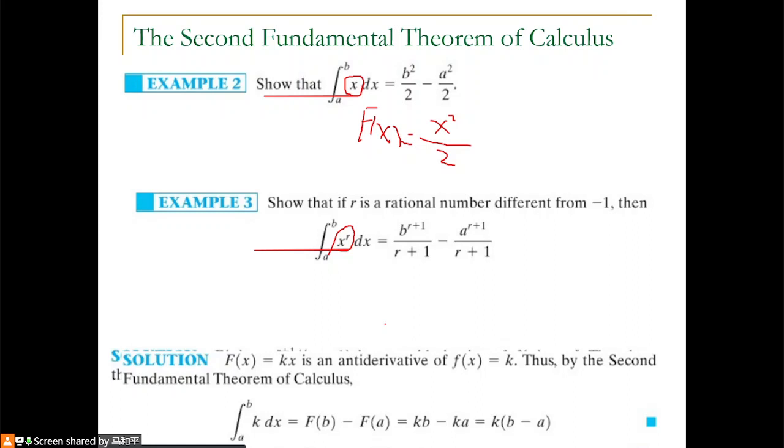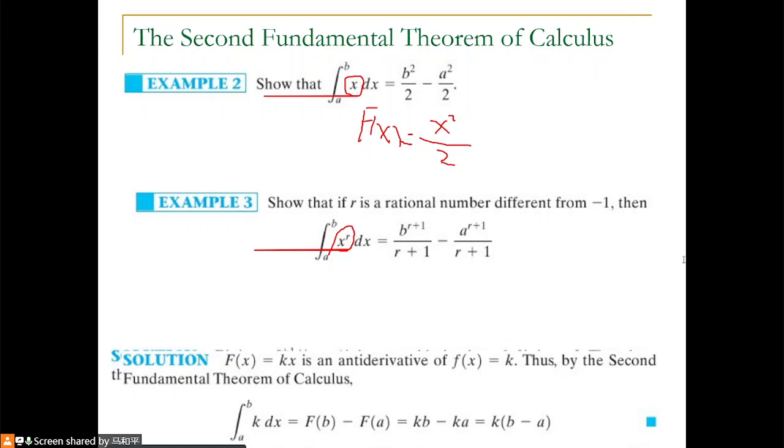Please tell me an antiderivative of x to the power r. Yes, by the power rule it is equal to x to the power r plus 1 over r plus 1.